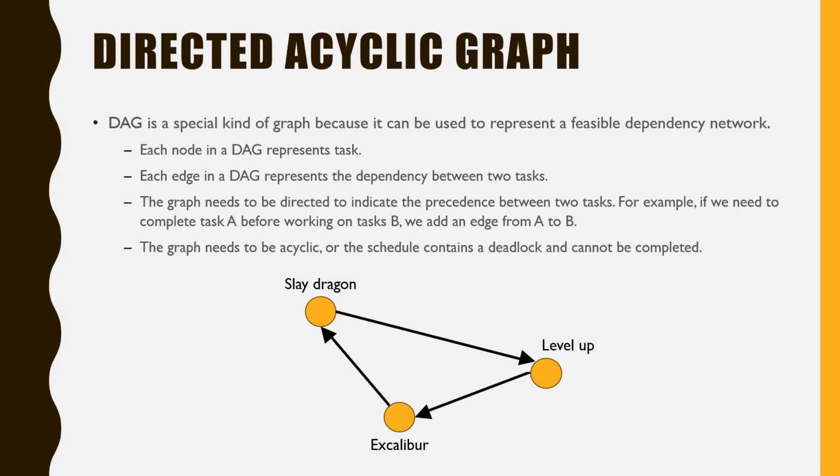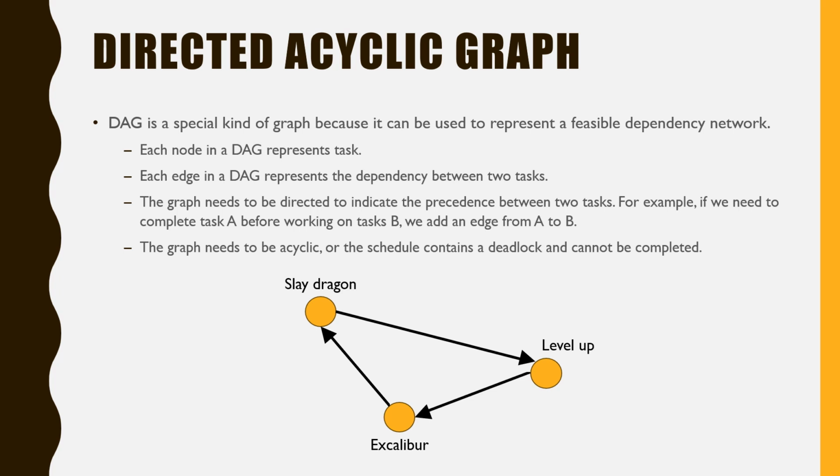For example, if task A must be completed before task B, we draw a directed edge from A to B. The resulting graph is directed, with edge direction signifying task precedence. To ensure that all tasks can be completed, the graph must also be acyclic. Otherwise, deadlocks may occur.